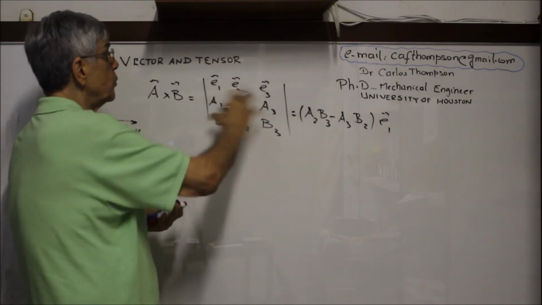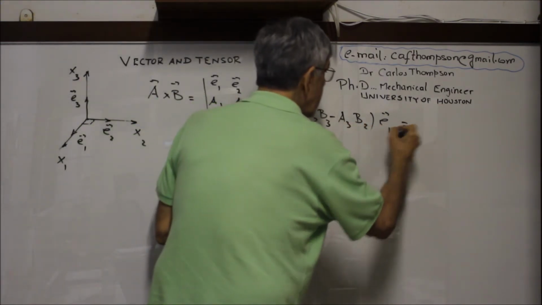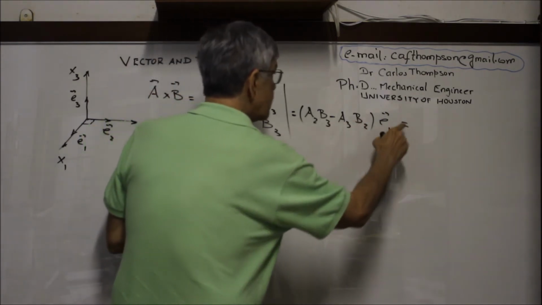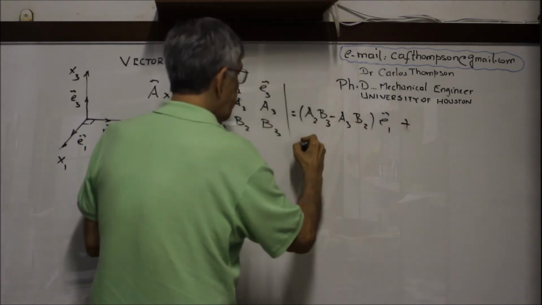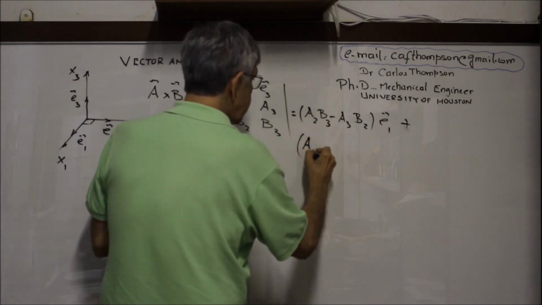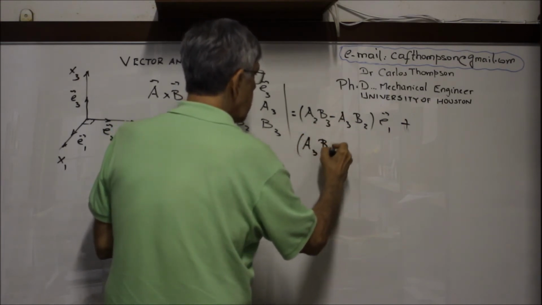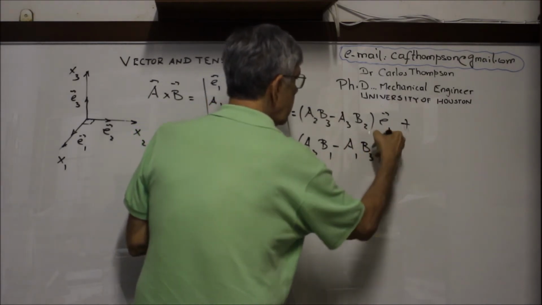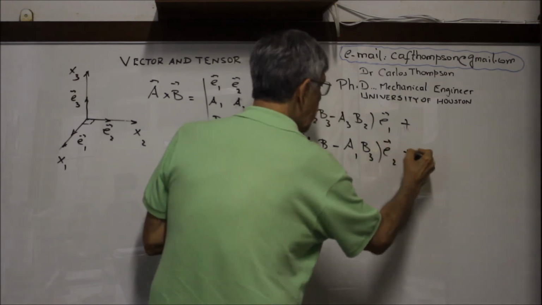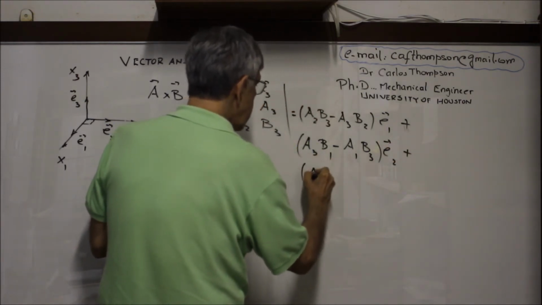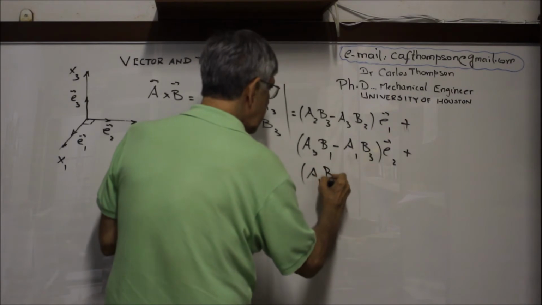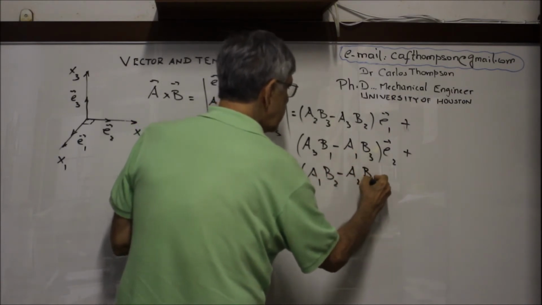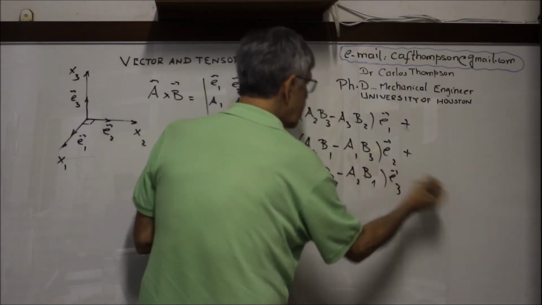We don't need to look at this. You just rotate here. So here plus, now here it will be A3, after 3 it will be B1, minus A1, this is B3, E2, plus here A1, B2 minus, after 1 is 2, after 3 is 1, E3, that's it.